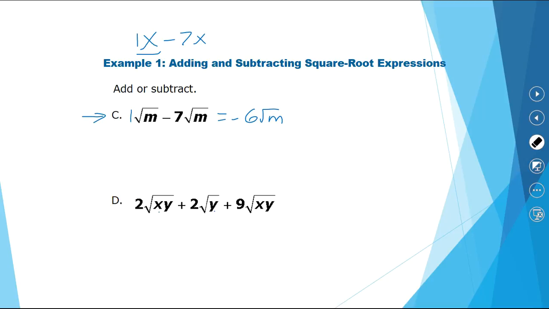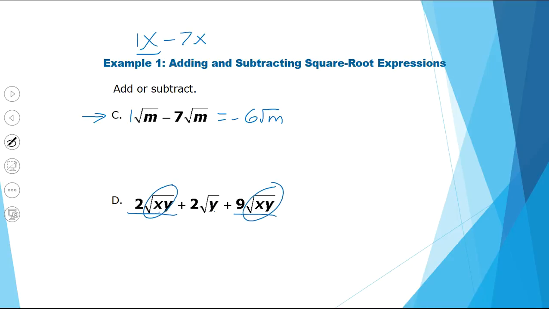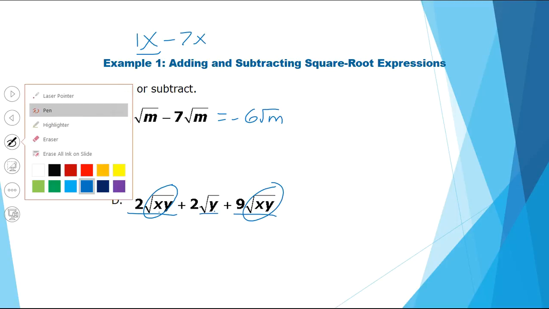So let's combine what we can. Again, I can only combine like radicals. The only like radicals I have here are the first term and the last term, 2 square root of xy and 9 square root of xy, because they both have the same exact radical. The second term, square root of y, is not the same, so I cannot combine it with those other two.